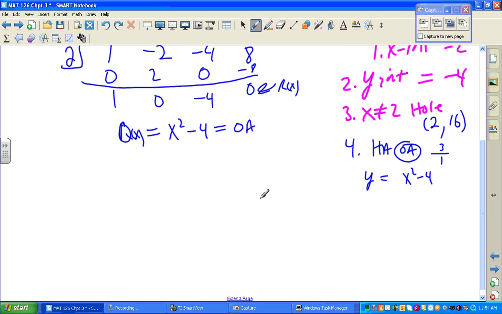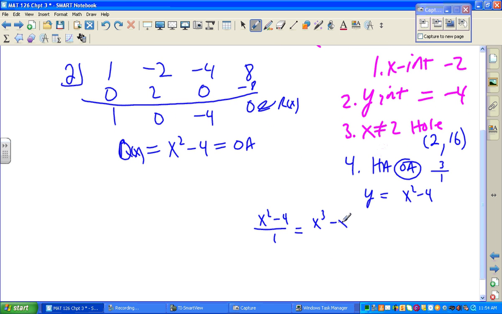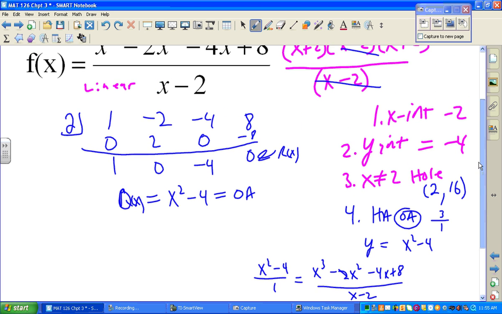Well, so you take x squared minus 4 over 1, set equal to x cubed minus 2x squared minus 4x plus 8 all over x minus 2. Okay?